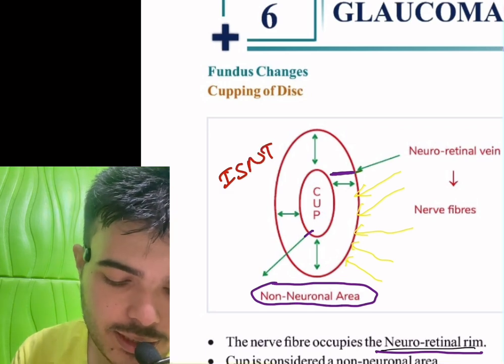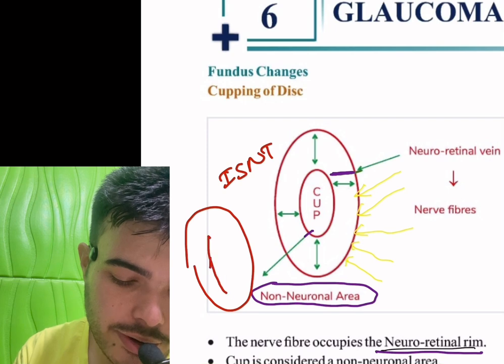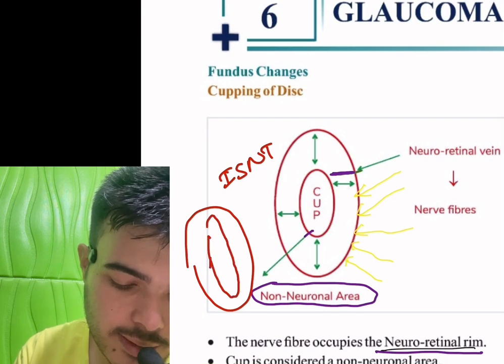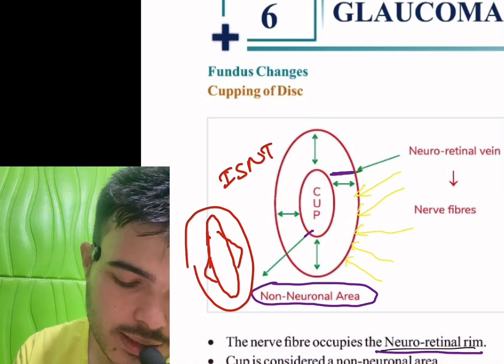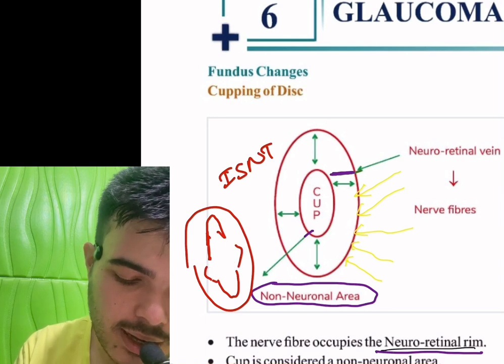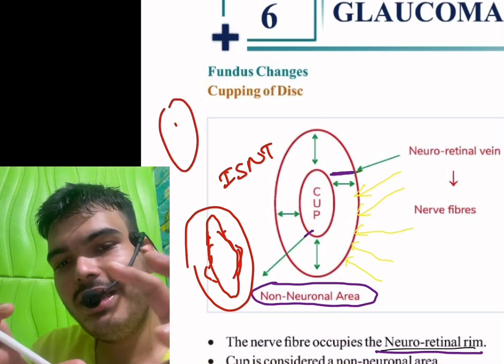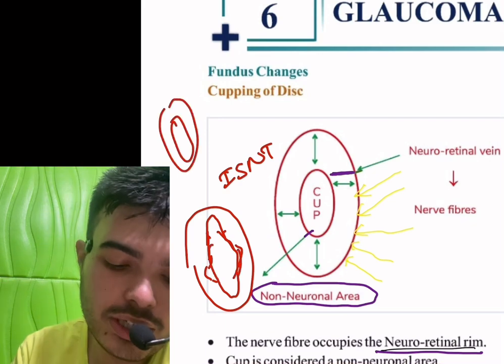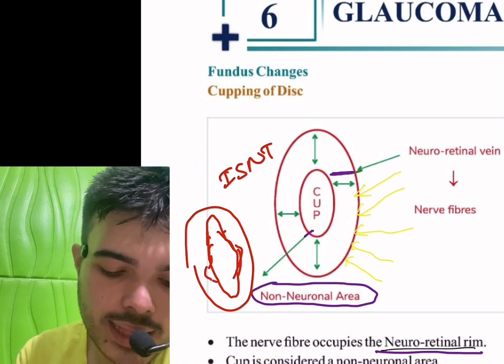Suppose it's like this, the inferior is slightly larger, and then comes the superior, and then comes the nasal, and then comes the temporal, like this, okay? So in this way it's designed, and whenever we demonstrate, we just do it like this, right? So there's this ISNT rule which is followed by the normal cup and the disc, right?